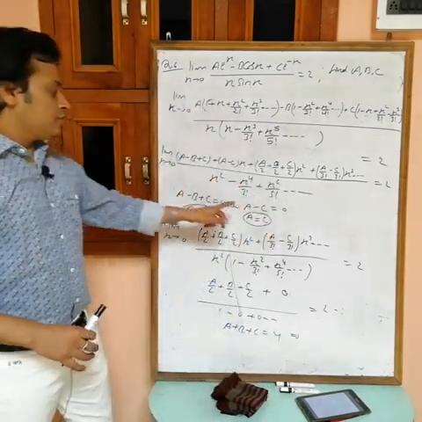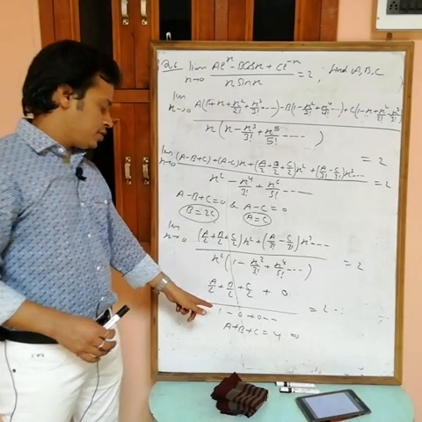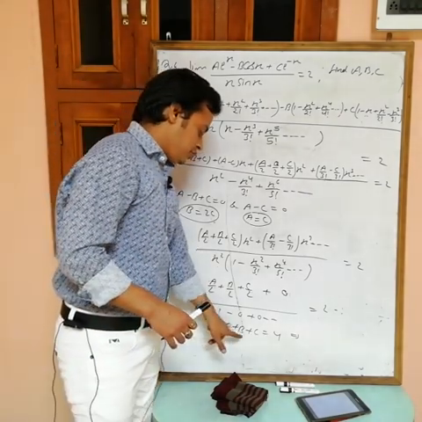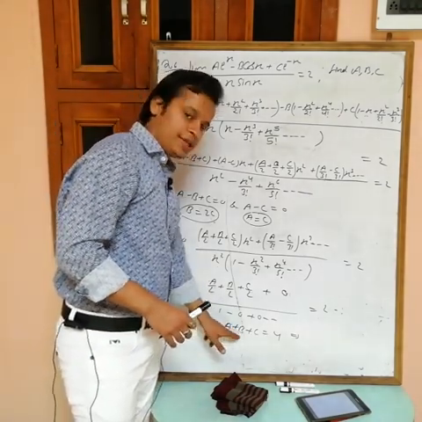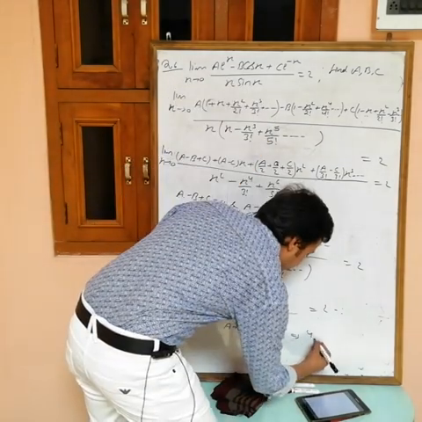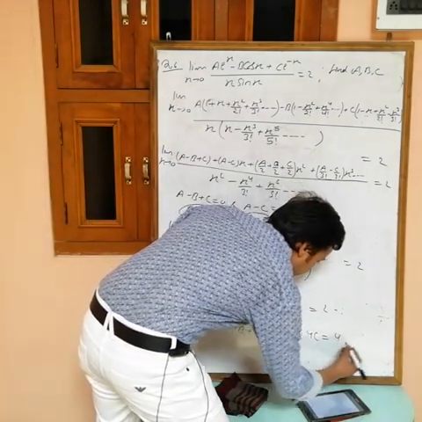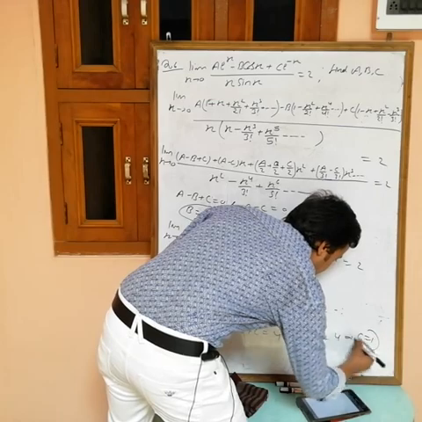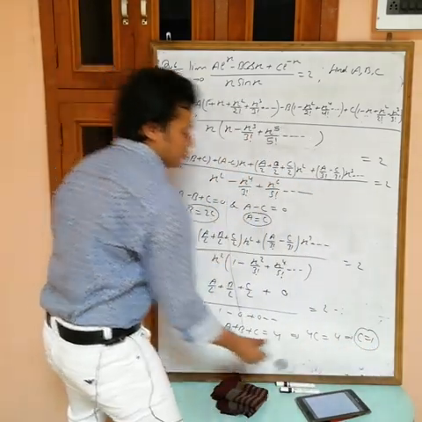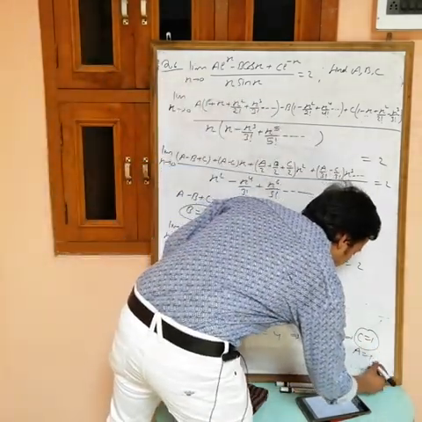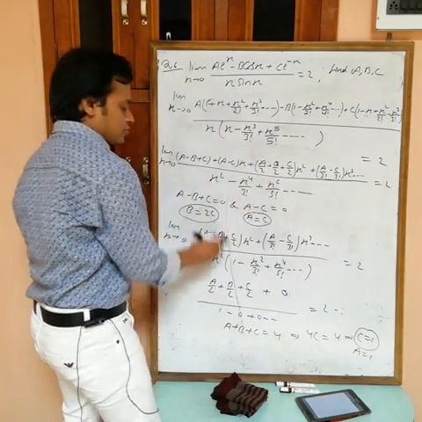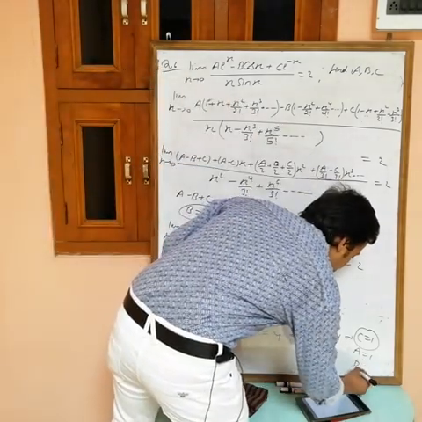Now see, a equals c, b equals 2c, so c plus 2c plus c is 4c. 4c equals 4, c equals 1, a equals 1, and b equals 2c, so b equals 2.